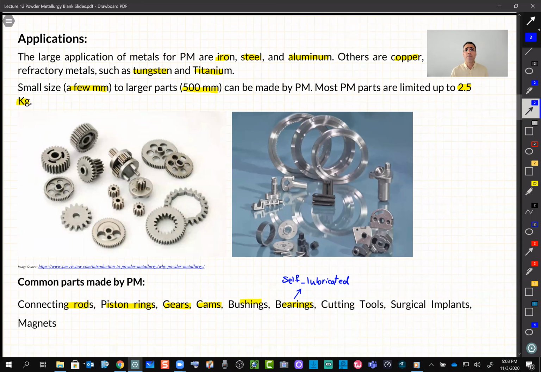Cutting tools, you can think of a lathe cutting tool which is made out of tungsten. Tungsten has a very, very high melting temperature. Can you imagine making tungsten out of casting? Of course, melting it is possible, but then you need to cast it into a mold, right?